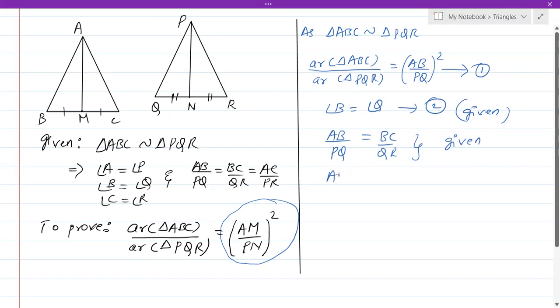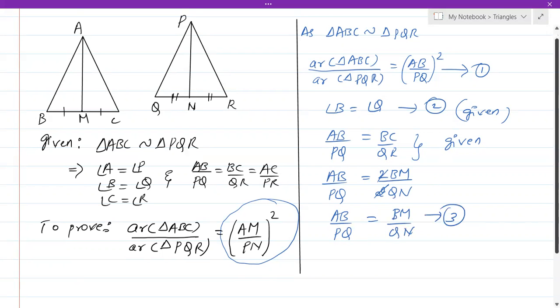Now, AB by PQ is equal to, instead of BC, I can write 2 times BM, and instead of QR, I can write 2 times QN, because M and N are midpoints. So 2 and 2 get cancelled. We'll be left with AB by PQ is equal to BM by QN. Let's take this as equation 3.